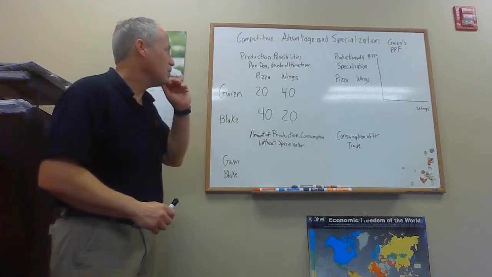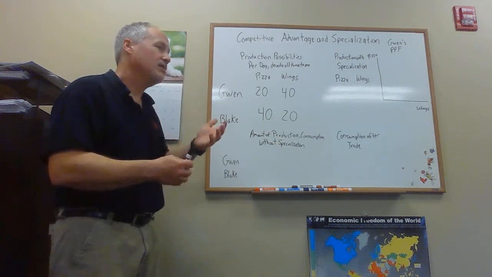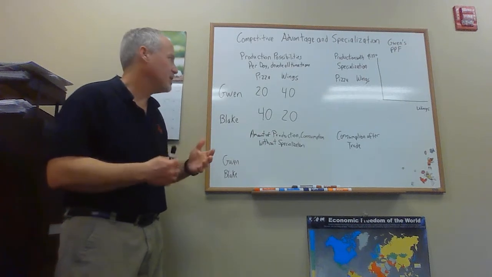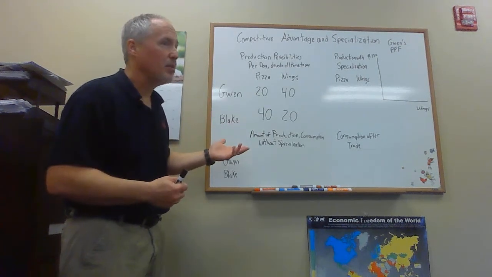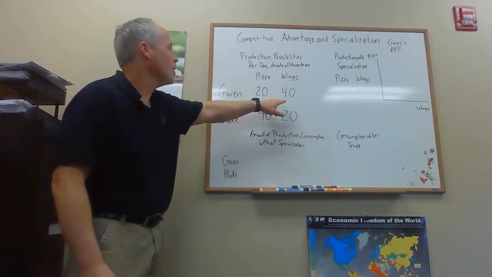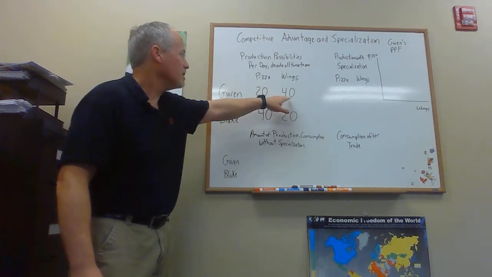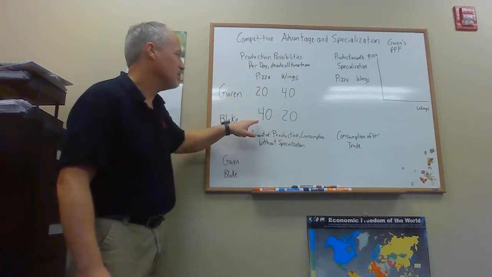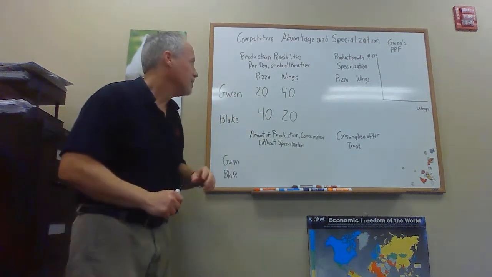So we can simply look at these productivities, and the bigger productivity is the competitive advantage. It's set up here where Gwen is particularly good at making wings, and Blake is good at making pizza.